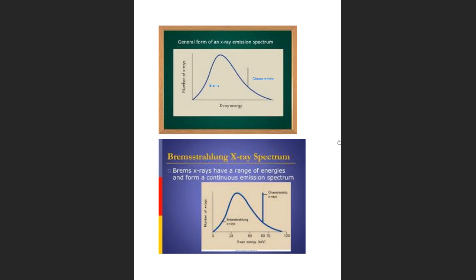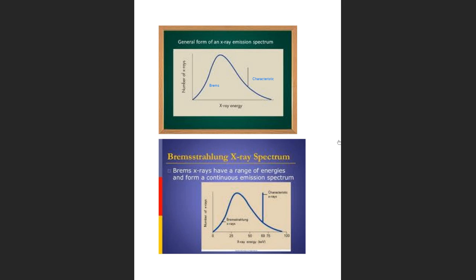Of the X-rays that are produced, if we don't know the energy, or we don't know the quality of the beam, then we don't even know if any of those would be characteristic.